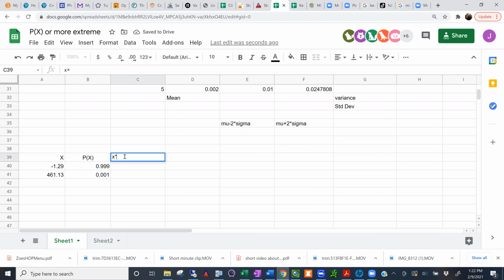And then I want x times P of x in that third column. And I'll pause here for a second so that you can catch up. Make sure you've got these typed into your little probability distribution correctly.